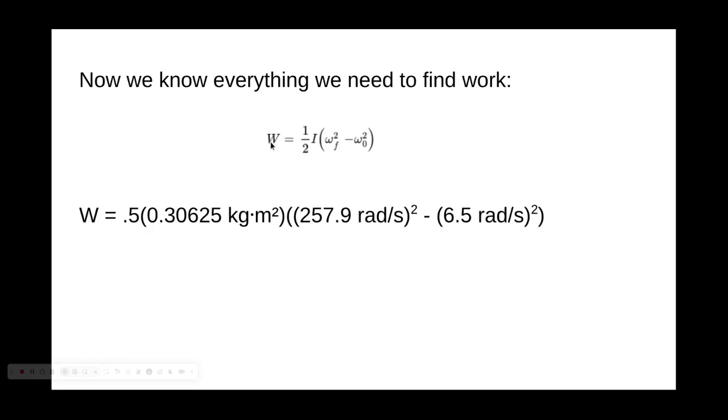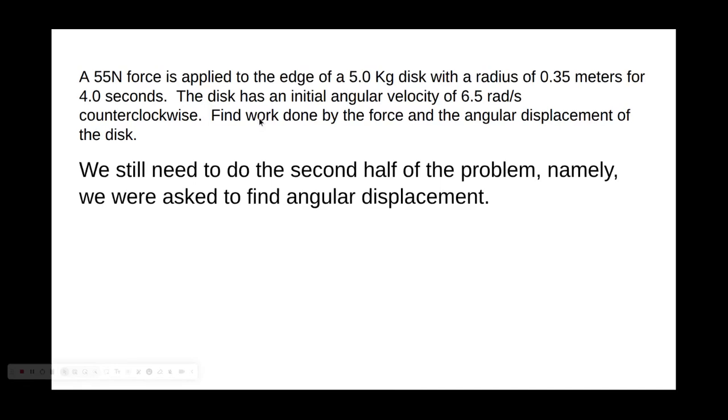Going back to our work equation, 1/2 I omega final squared minus omega initial squared. We now know all these values, and so we could calculate the work being done. And we get around 10,000 joules. Now, it asks us to find the work, which we just solved, is about 10,000 joules. But it also asks us to find this angular displacement.